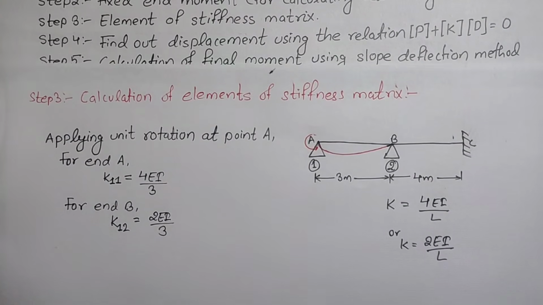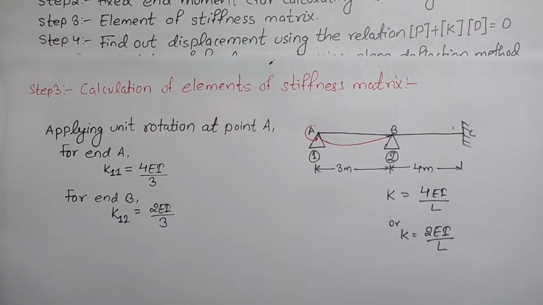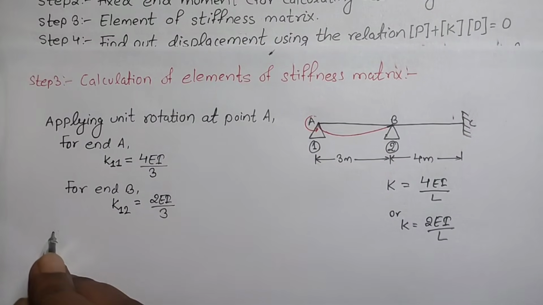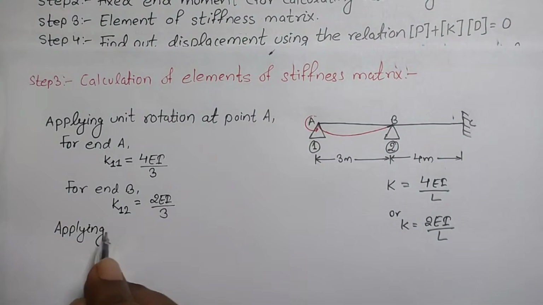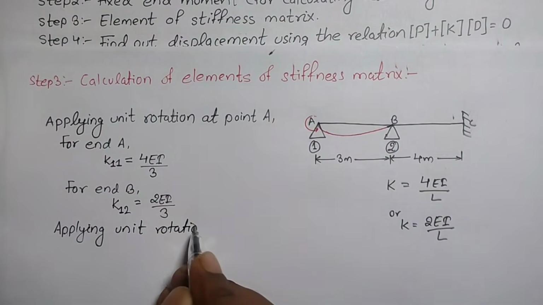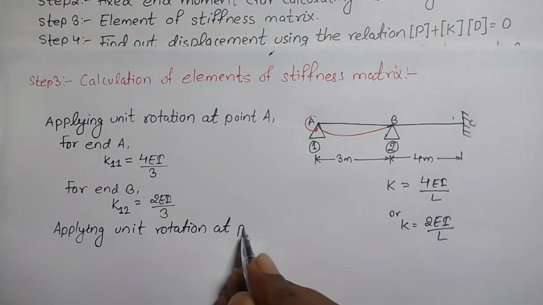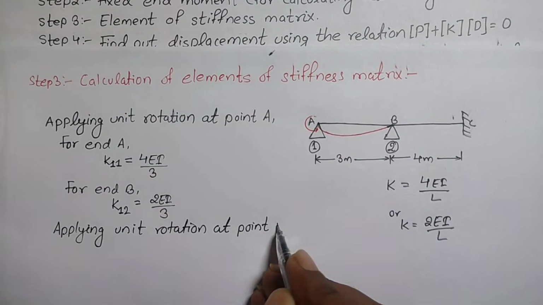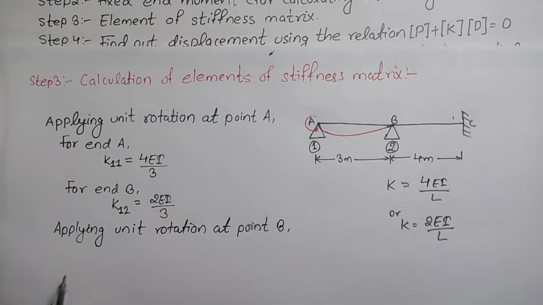Now let us apply the unit rotation at point B, and let us write it as applying unit rotation at point B. Now what we have here: if we apply unit rotation at point B, first let us draw the deflected figure diagram here.